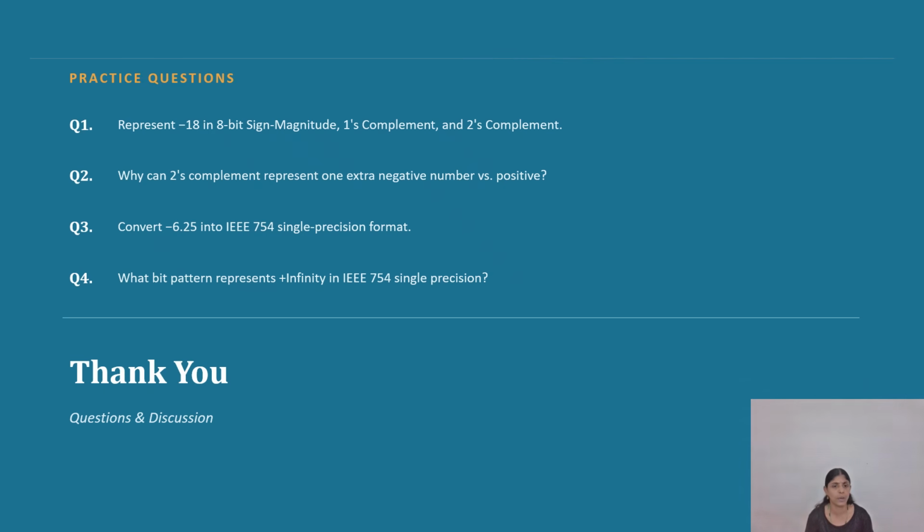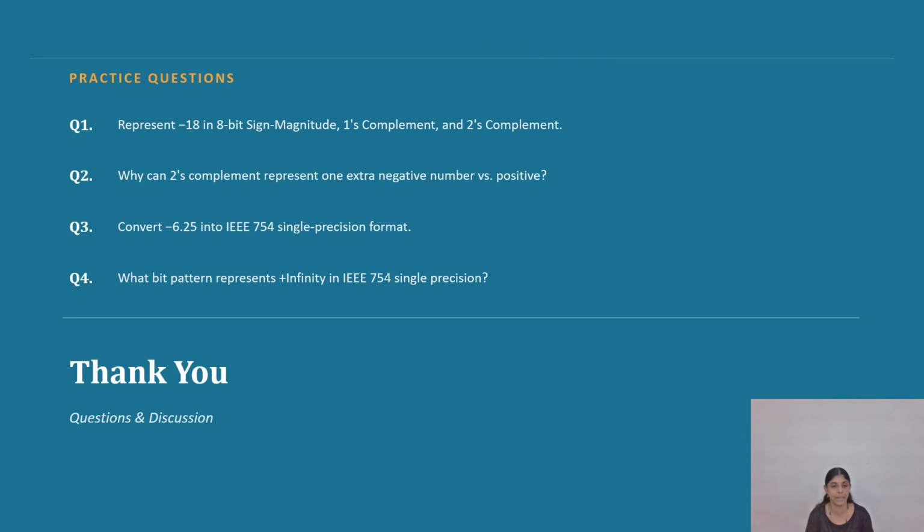Try to work on this because these are the practice questions I have given. Represent minus 18 in 8-bit sign magnitude, 1's complement and 2's complement, and find what are all the changes between the sign magnitude to 1's complement and 2's complement. And the second question I have given is, why can 2's complement represent one extra negative number versus positive?